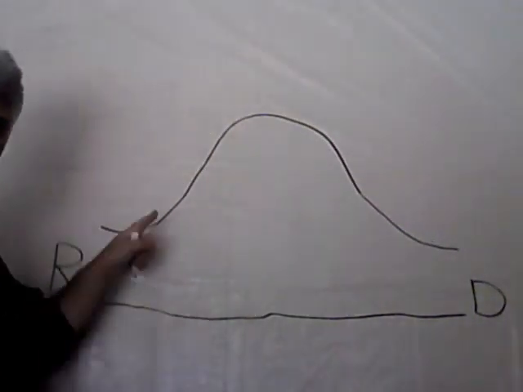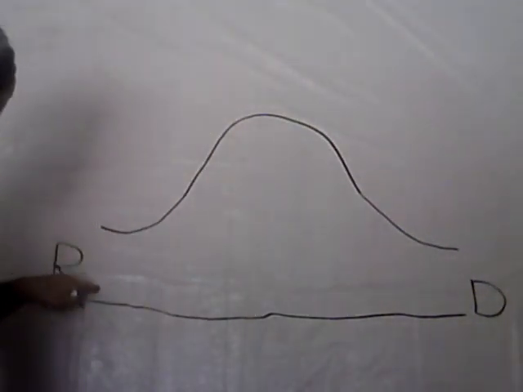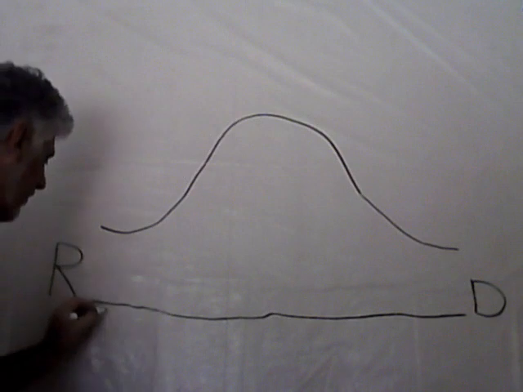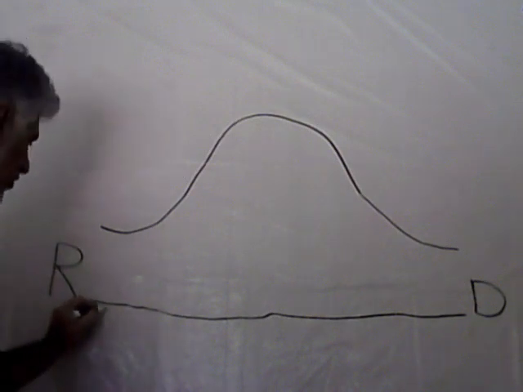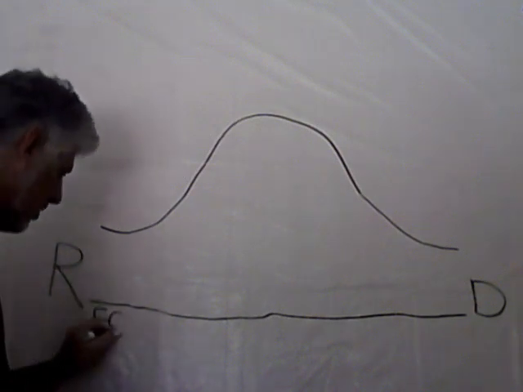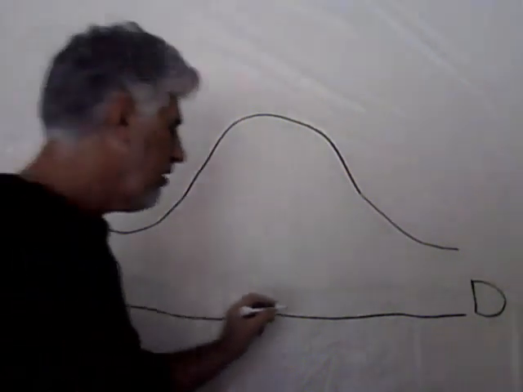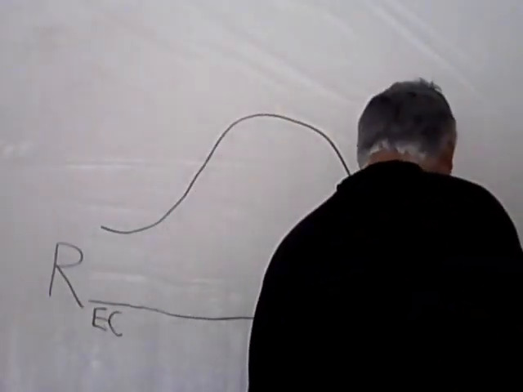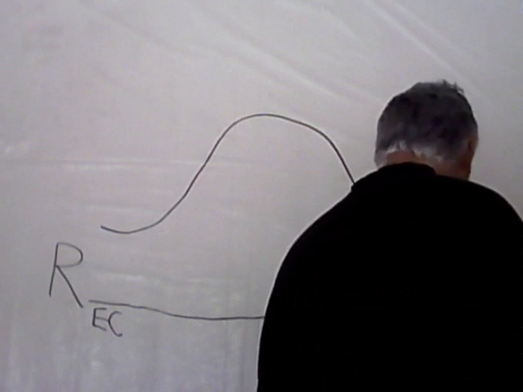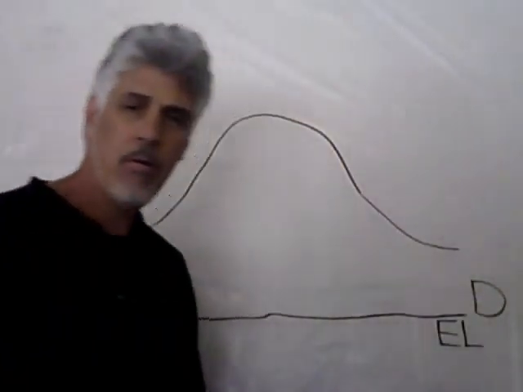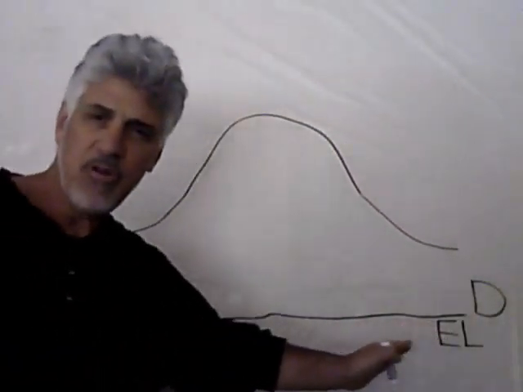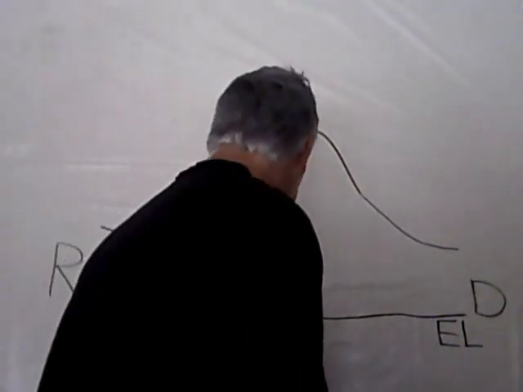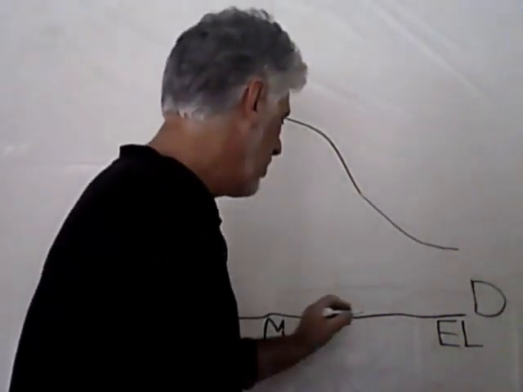If you notice, there's only a few people over here who are extremely conservative. Over here, these are the people who are extremely liberal. And then we have everybody else in between. Right here are people who are moderate.